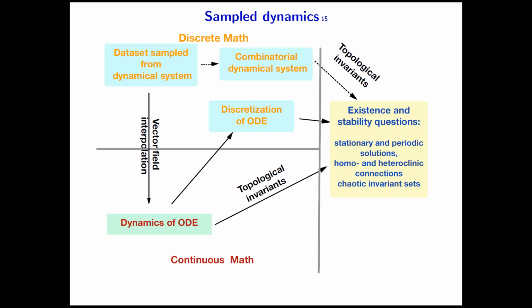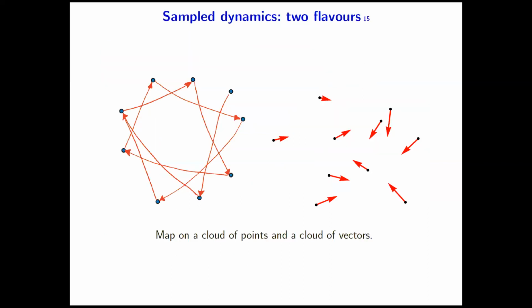So you could define these topological invariants for this combinatorial dynamical system the same way as we do in the classical case and draw the conclusions directly. So I already mentioned the two flavors of the sample dynamical system.